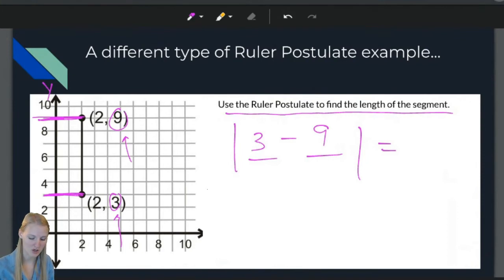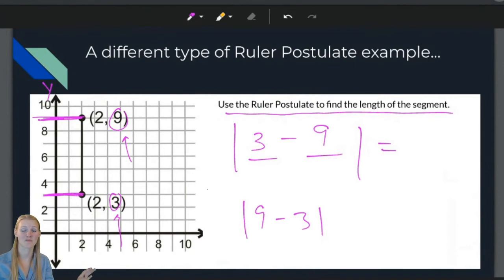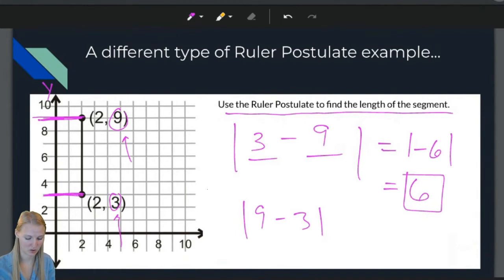So remember, I can do 3 minus 9, I can do 9 minus 3. It doesn't matter. Both of them give me the same answer. 3 minus 9 is negative 6, and the absolute value of negative 6 is positive 6. Just like 9 minus 3 is 6, absolute value of 6 is 6.